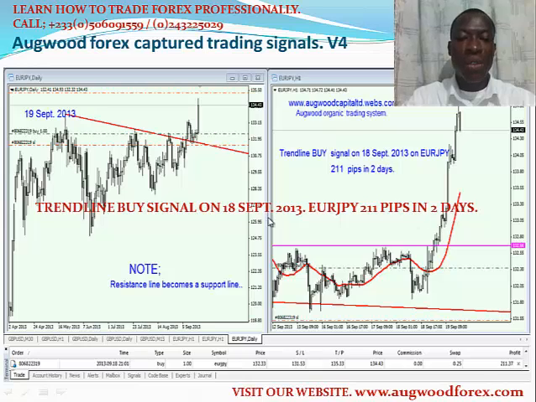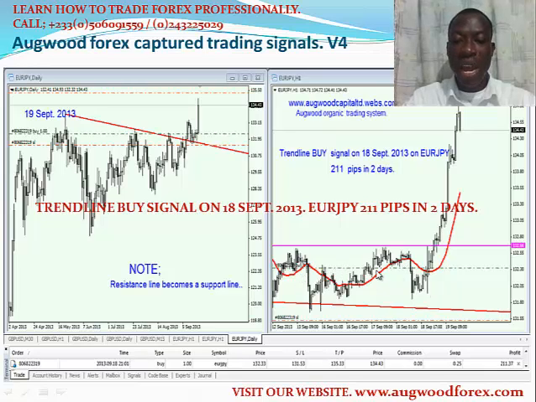So now this is the next one also. This is a trend line buy signal on 18th of September 2013 on the Euro JPY currency pair. We made 211 pips in 2 days. As you can see from here, the market is trending, it's an upward trend, and there was a correction here to sit on the trend line, and we got a confirmation here also for a buy, and that's how we took the position.